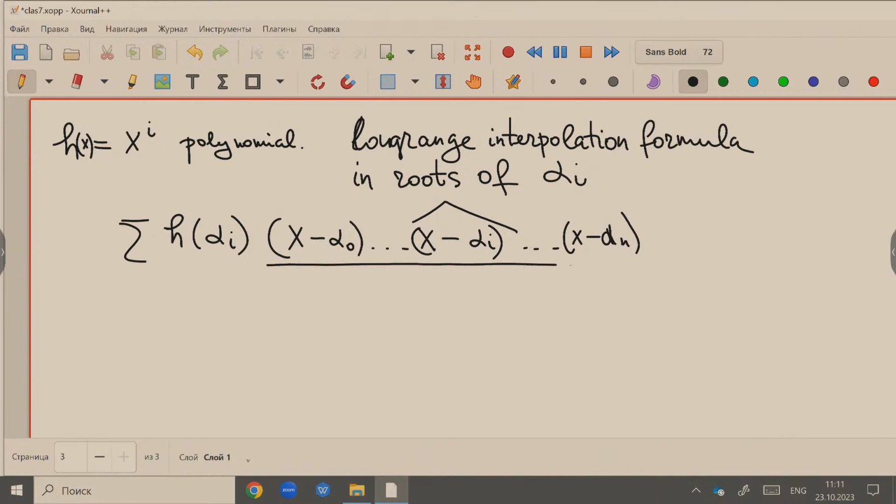This polynomial has to have the property that in all roots except the given one it is 0, and in the root alpha i it has precisely the value alpha i. So you have to divide it by the corresponding value. And this as a function is just x^i.